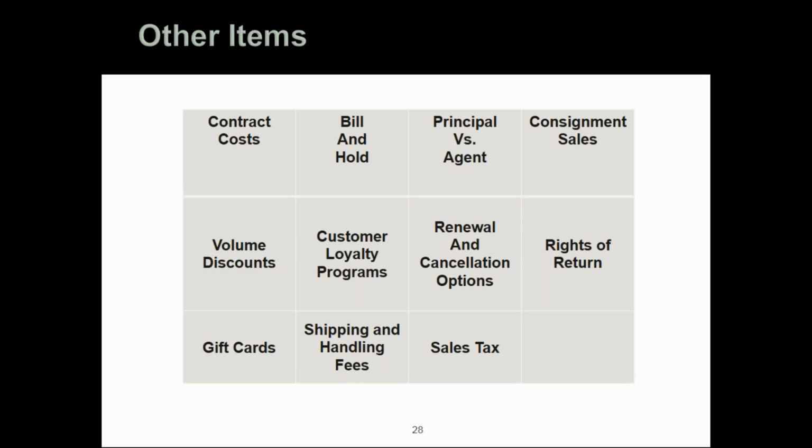And just like most other elements of this standard, there definitely are some complexities involved with contract costs. For example, suppose you send a team of salespeople across the country to prepare a bid and propose on a project, and they win the contract, and you pay some salespeople a commission. In those cases, you've incurred a number of different costs, including the travel costs, the cost to develop the proposal, and the commissions to the salespeople.